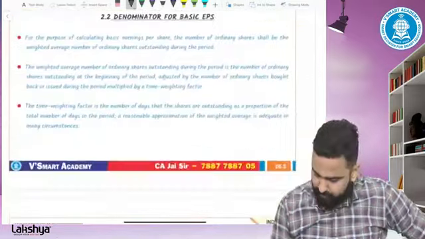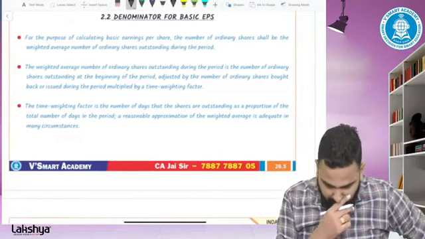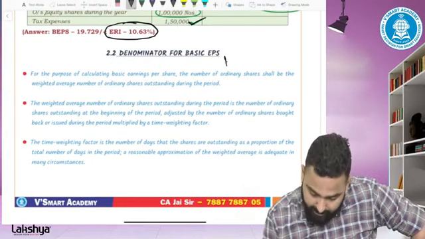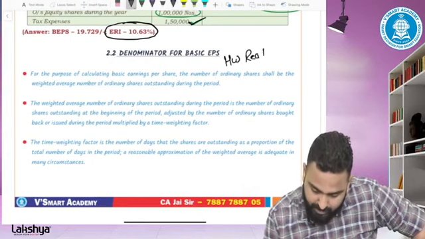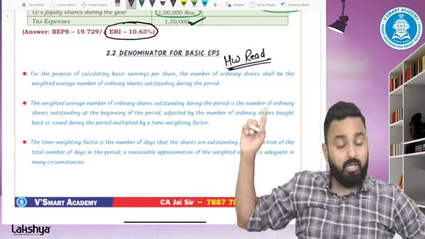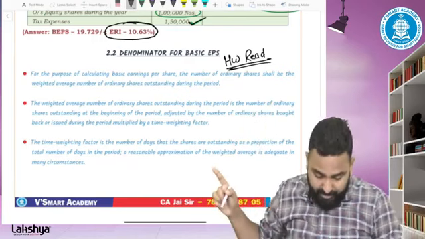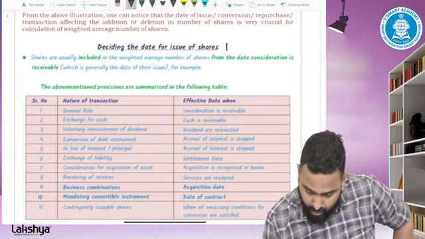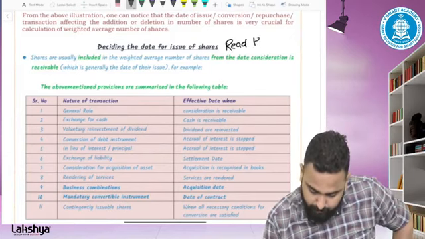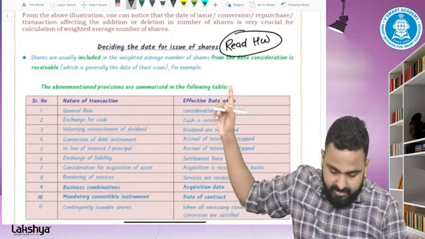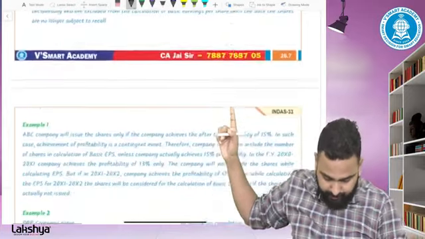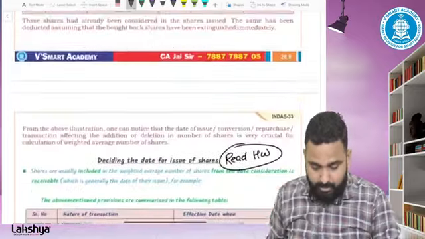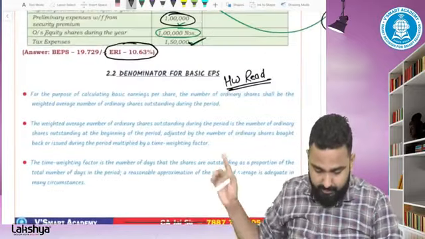Now, what about the denominator? I am giving you homework to read this question. Read these 3 points, and also read this, deciding the date of issue of shares. Okay, this is your homework part.